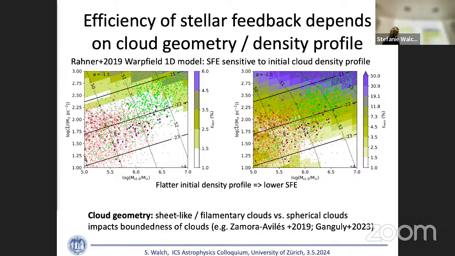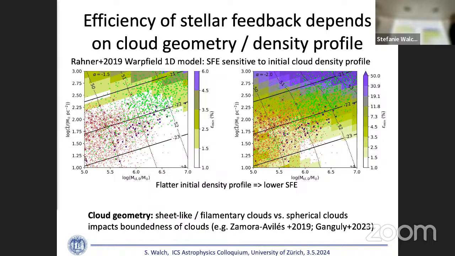I mean, this is a 1D model, so we have to check what it's really like in 3D. Nobody would tell you that a cloud should be -1.5 and not -2 or -1 or flat or whatever. So I think we need to investigate in the 3D simulations what's actually happening.